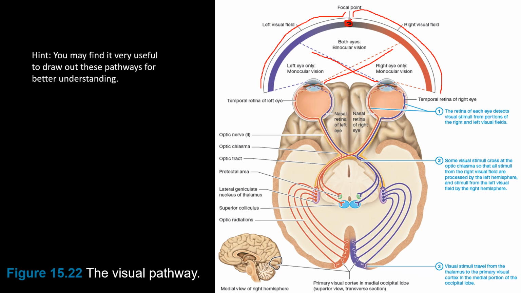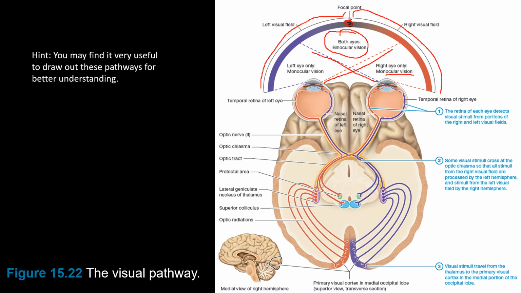Notice that in the center, the visual field of both eyes is called binocular vision. This area right here that is visible by both eyes is binocular vision. And then the edges are only monocular vision. And so the visual pathway is essentially this: the retina of each eye detects visual stimuli from portions of the right and left visual fields.